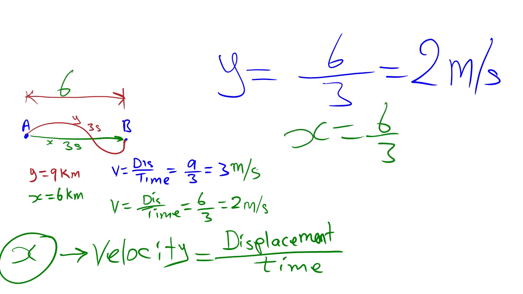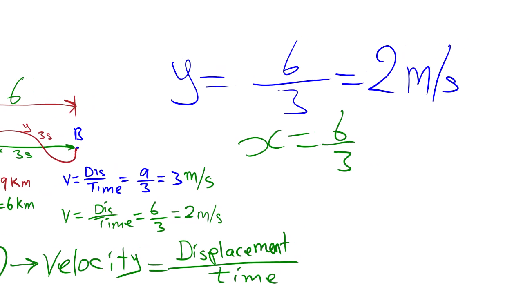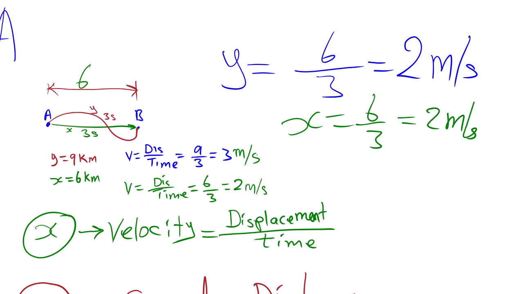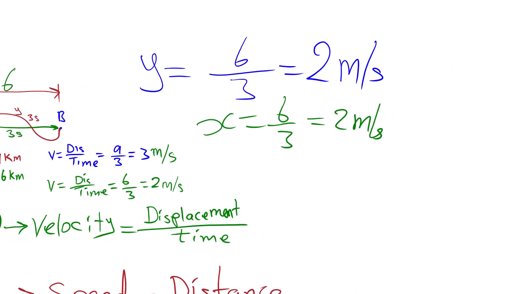We already said that the distance is 6. So don't consider the path while calculating velocity. 6 over 3 is equal to 2 meters per second. Now if we did not look at the path, but in terms of calculating how fast the object is, then object y is faster in terms of speed, not velocity.